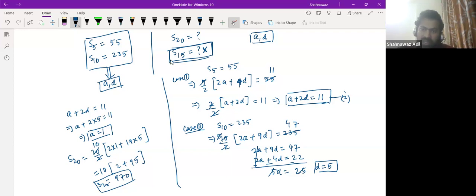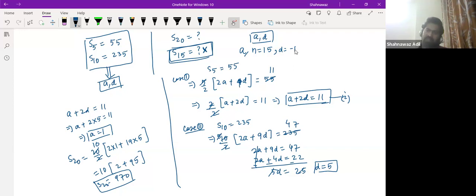To solve the sum from the last term, we require the first term, and then we require n, which is given as 50, and then we require d. We know d is minus 1, but we don't know a. We don't have any other information. This is all.